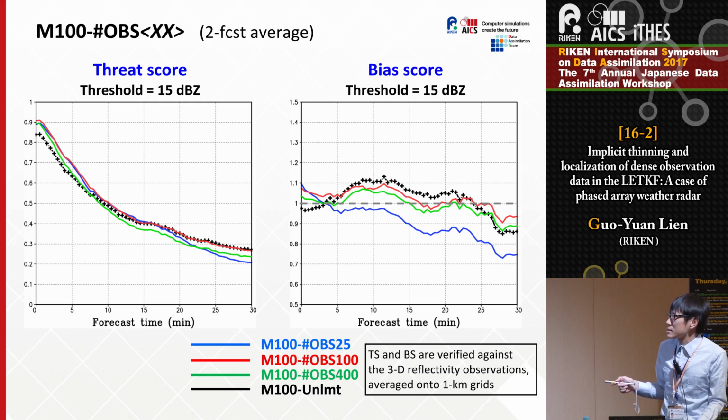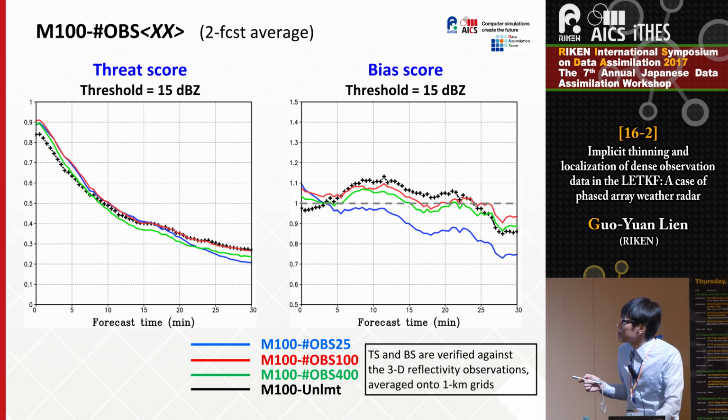With this observation number limit, we can improve the result, and it's most significant in the early period of the forecast. The limit of 100 leads to the best results. For the bias, they are almost similar, except for the experiment with the fewest limit.